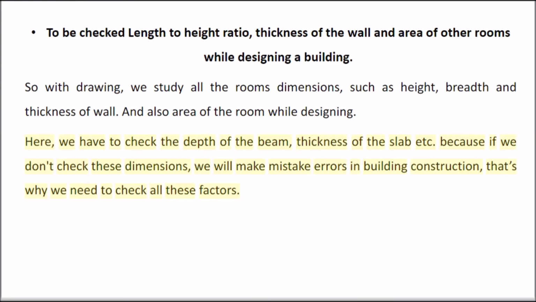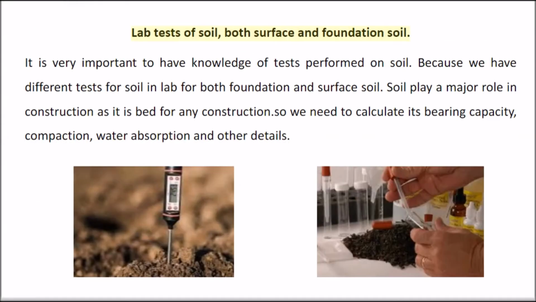Here, we have to check the depth of the beam, thickness of the slab, etc., because if we don't check these dimensions, we will make errors in building construction. That's why we need to check all these factors.